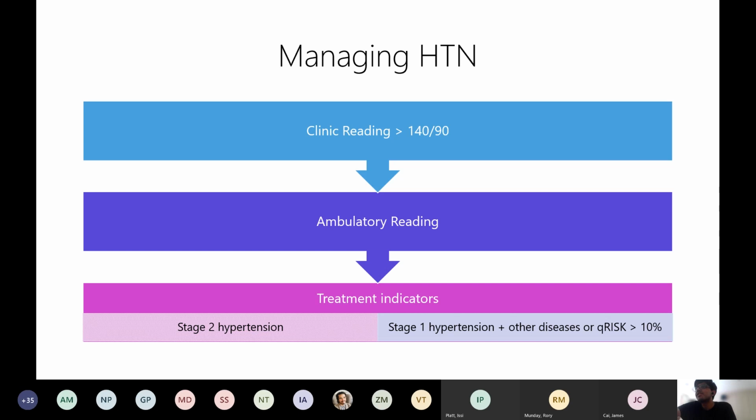You don't always treat it. If they're younger than 80, that could be one of the reasons. What else could it be? The important one that they like asking about is Q risk over 10%. If they have any kind of cardiovascular disease, diabetes, renal disease, any kind of major vascular disease, then you want to be treating their stage 1 hypertension as well.